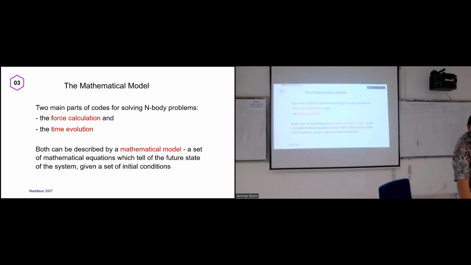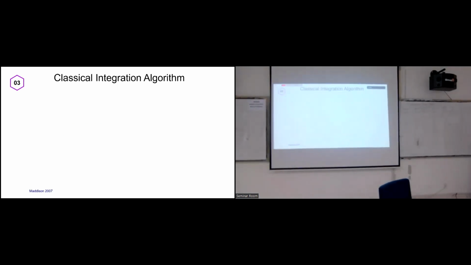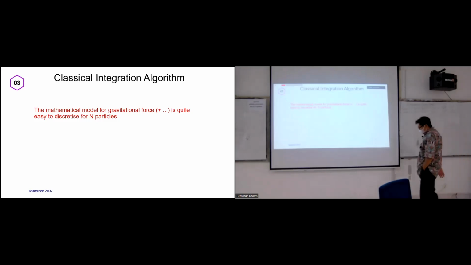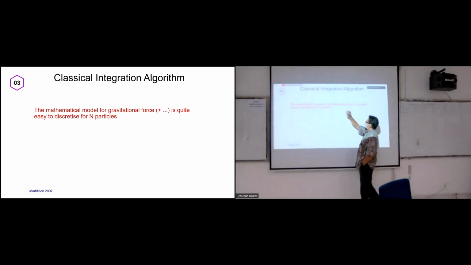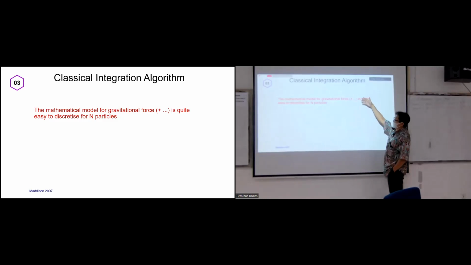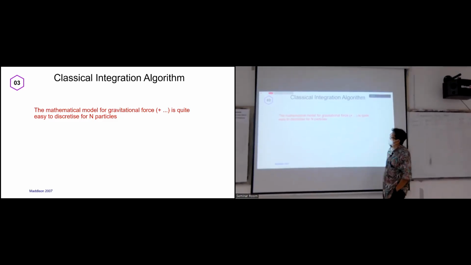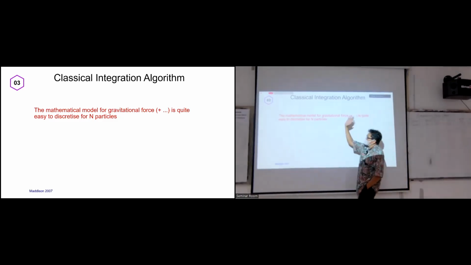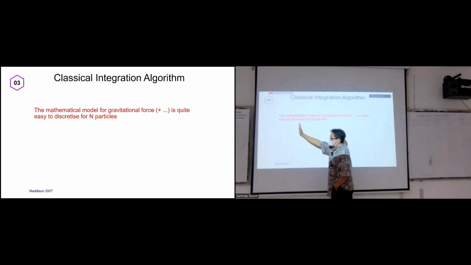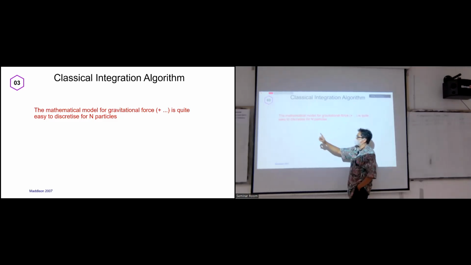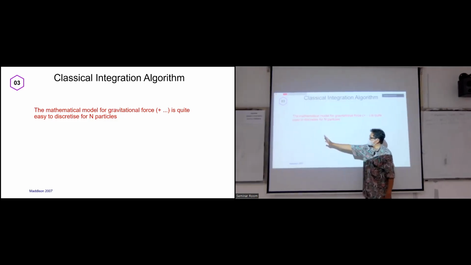Now, the classical algorithm. The classical one, you focus on gravitational force plus many things, for example, non-gravitational and others. So you discretize the time evolution, for example, for step 1 day or 1 minute, it depends on your case, or 1 year or 10 years, step by step.